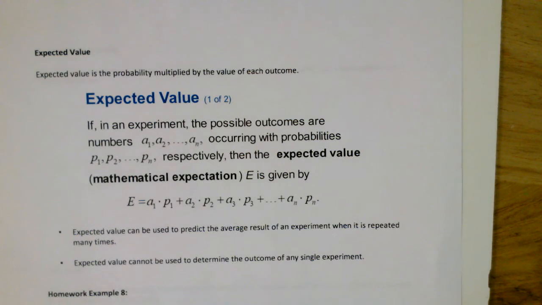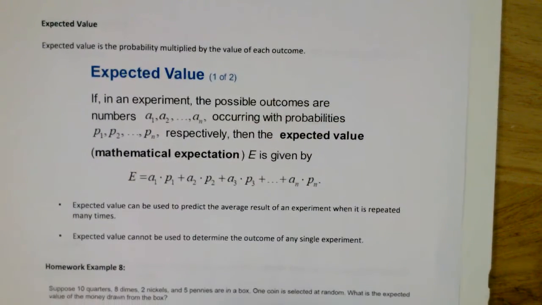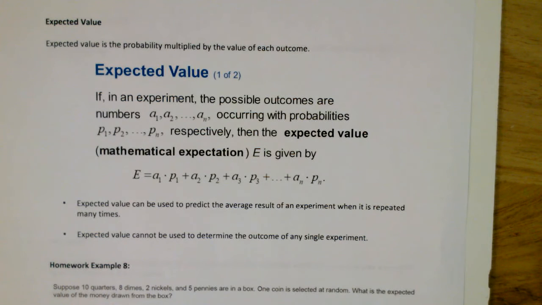All right, next we'll look at expected value. Now, the expected value is just a probability multiplied by the value of each outcome. Sometimes you're given the value of the outcome, and then the probabilities, you'll just multiply the value of that outcome by its respective probability.